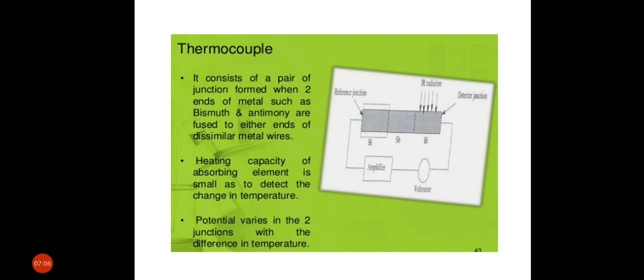The heating capacity of the absorbing element is small so as to detect the change in temperature. Potential varies in the two junctions with the difference in temperature.